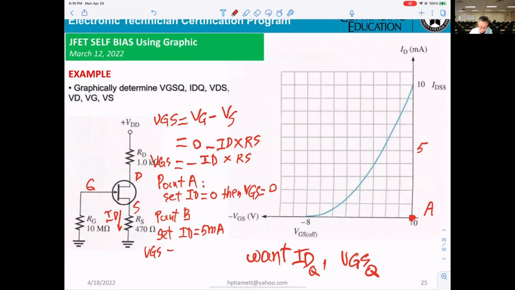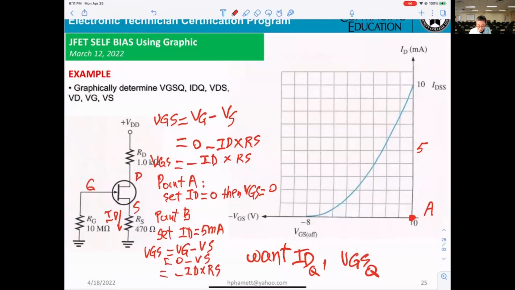VGS equals VG minus VS. VG you know equals 0, minus VS, and VS will be equal to ID times RS.